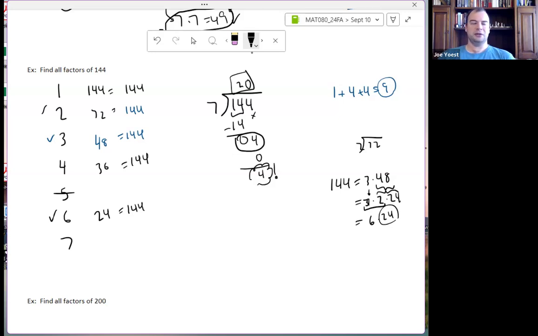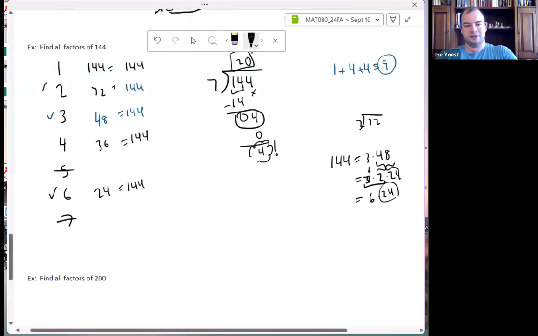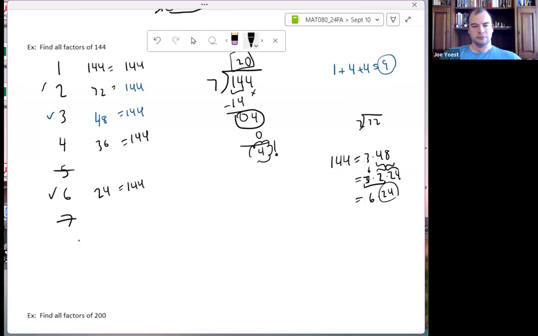Or 7 does not go into 144 evenly. So 144 is not divisible by 7. 7 is not a factor of 144.